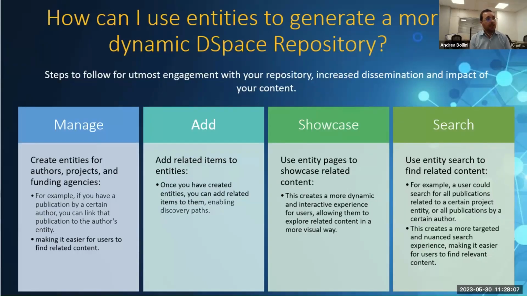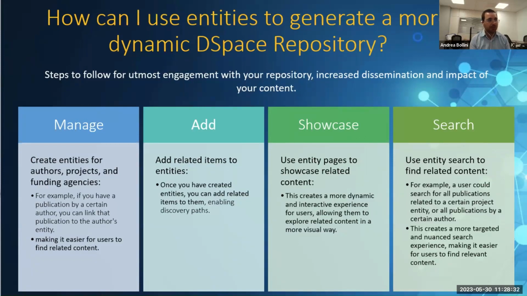So how can we use entities to allow a more dynamic DSpace repository than what was available before version 7? Again, we start by creating entities to represent author, project, funding entity, funding agency, so that we have a publication linked to a specific author.